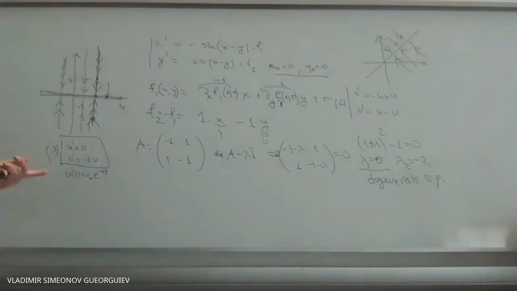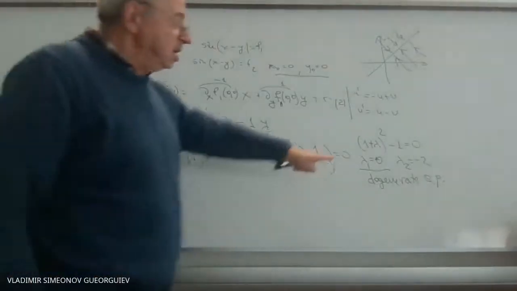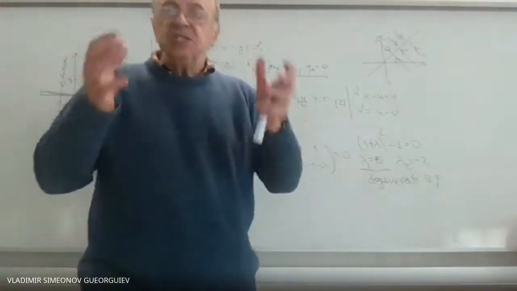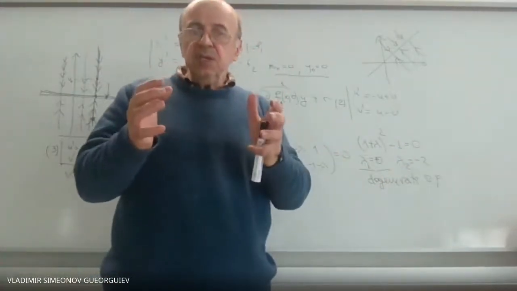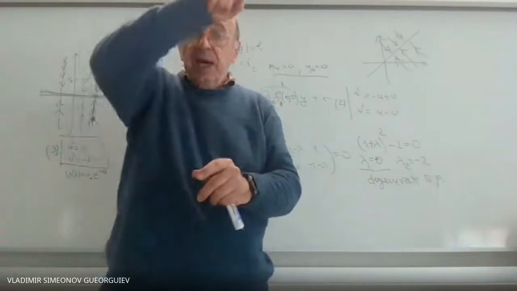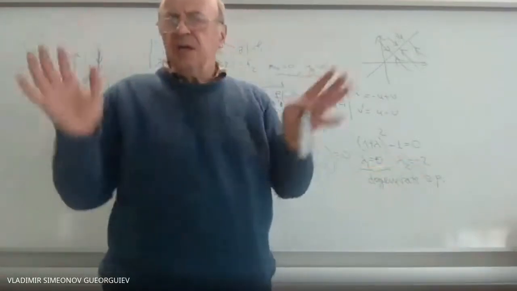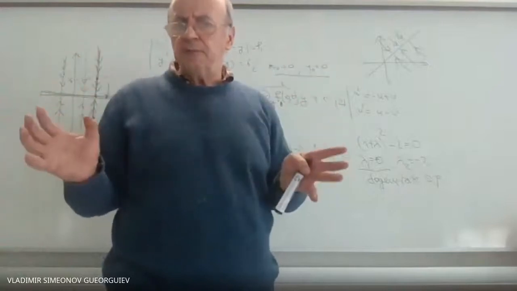Professor? Yes? I didn't get how we formed the third system. How? Simply, we take these two eigenvalues, and I said, suppose our system is with a diagonal matrix, and on the diagonal you put eigenvalues without caring who is first, who is second.